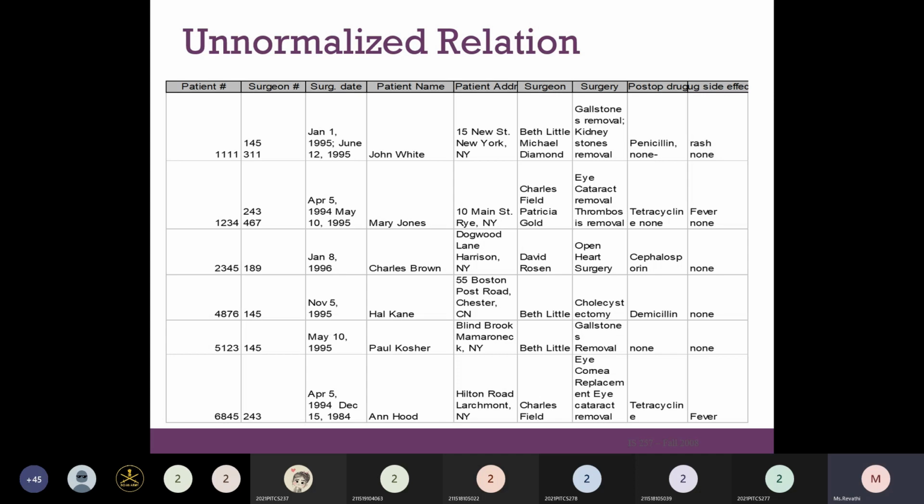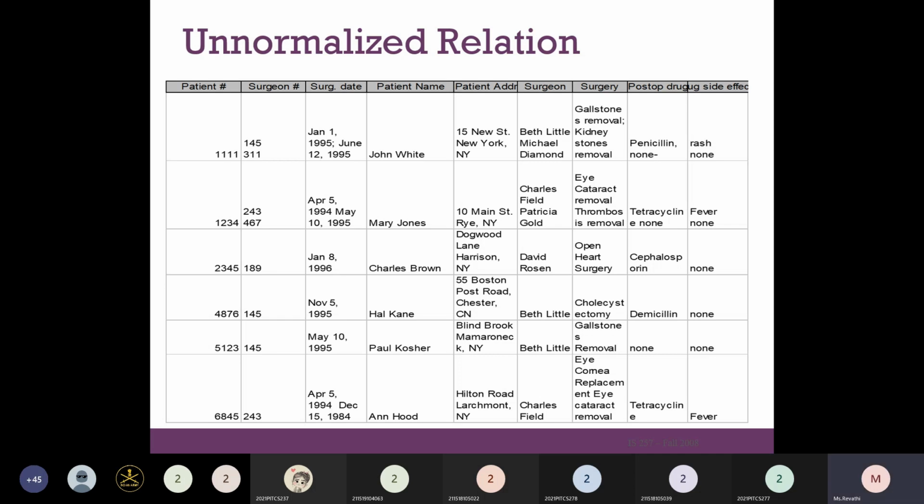In this particular relation, we have attributes like patient number, surgeon number, surgery date, name of the patient, address of the patient, followed by name of the surgeon, for what issue the particular patient has undergone the surgery, what are the post-surgery drugs prescribed, and whether there are any side effects encountered or not. So these are the attributes of this particular relation.